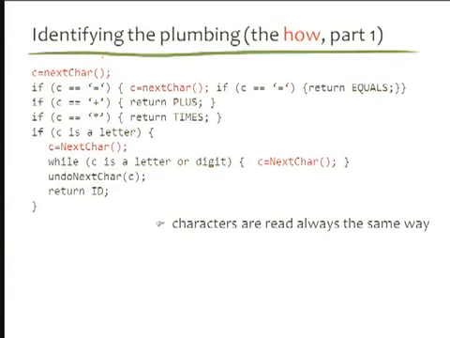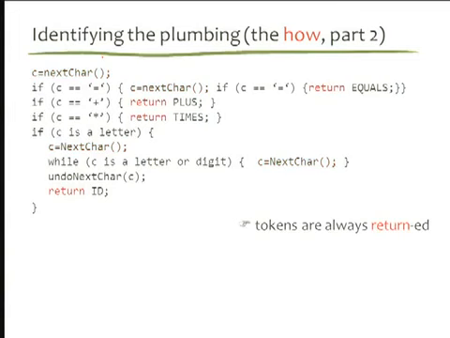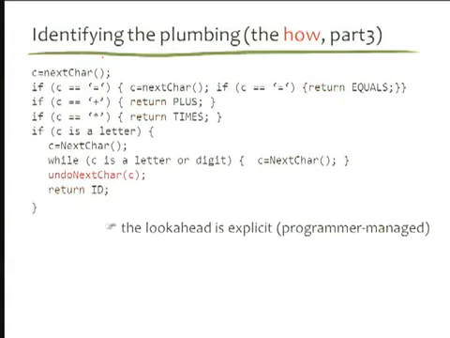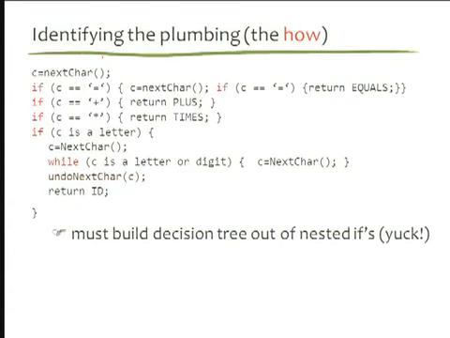That's one thing. Then the returning itself. Okay, this is not such a big deal, but why should I even see the return when we really just care about the mapping between the token and the value, between the lexeme and the token? Okay, then we have the undoing, we got that. Then there is essentially the decision tree built out of ifs and while loops that you need to build manually.